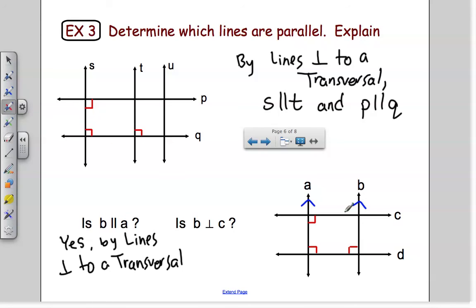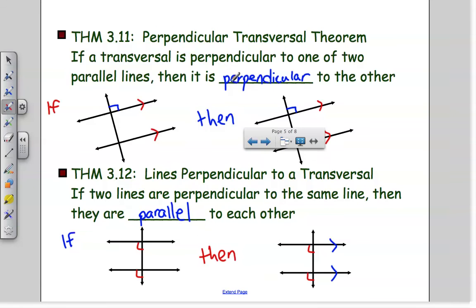This is the only place where there wasn't a right angle marked, the only set of intersections where we don't know. So the question is, do they have to be perpendicular? Well, now that I know that A and B are parallel from the previous one, and C is a transversal for both of those, I would say, yes, I do. That's the actual first one we had here, perpendicular transversal.